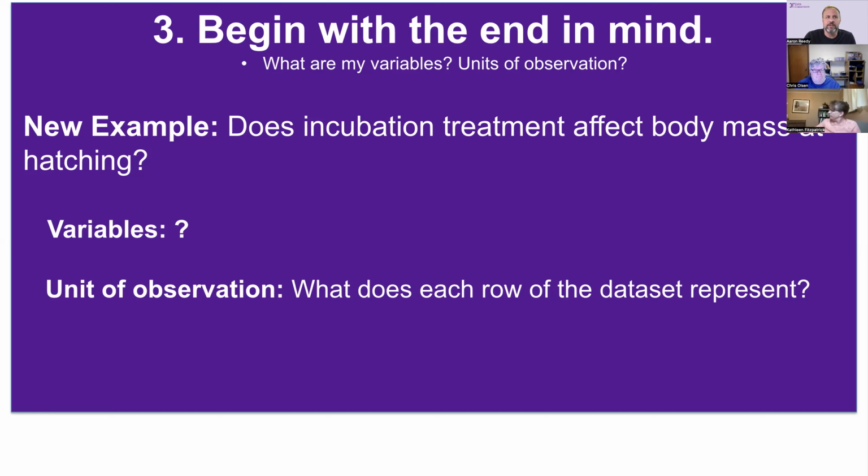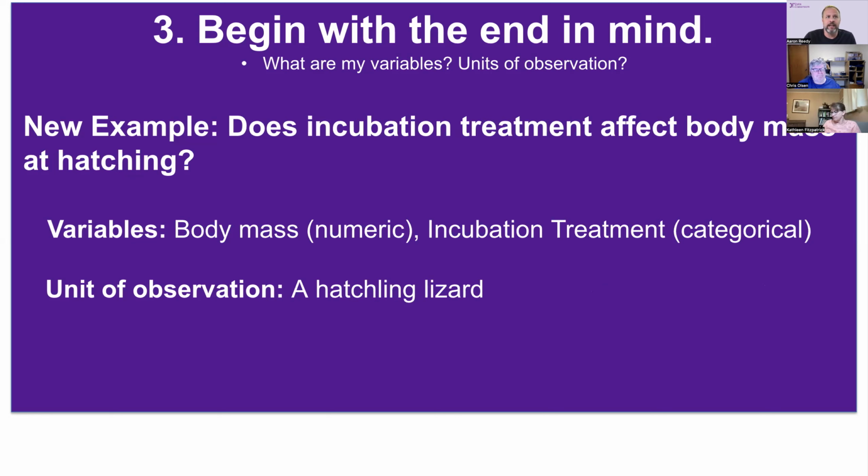So we want students to think about that. In this example, body mass as a numeric variable, body mass in grams, could be one of the variables. And then the other variable that we need is incubation treatment. What treatment were they in? Was it a high-low treatment? Was it a wet-dry treatment? Was it 0, 12% moisture, 25%, whatever those levels are.